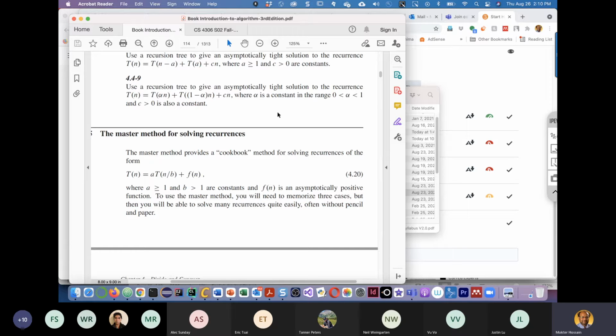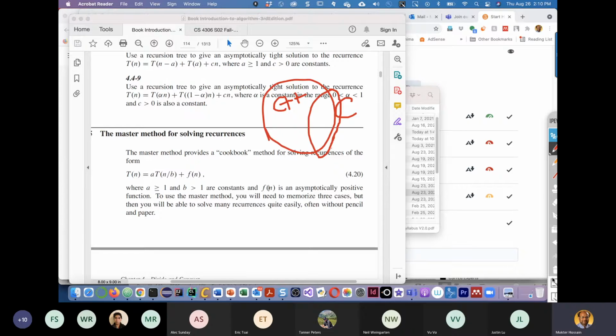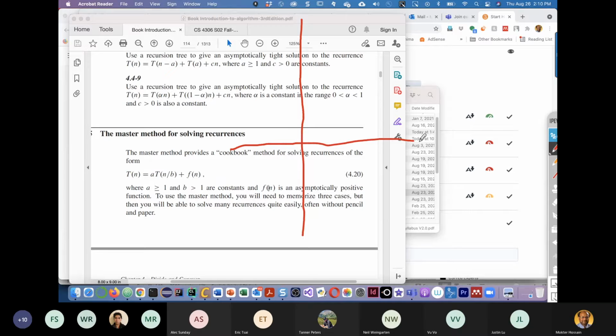Asymptotically positive means, if we draw a geometric line, this is the x-axis and this is the y-axis. The first quadrant is where x goes positive and y goes positive.